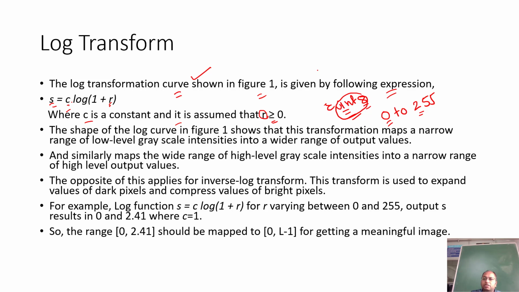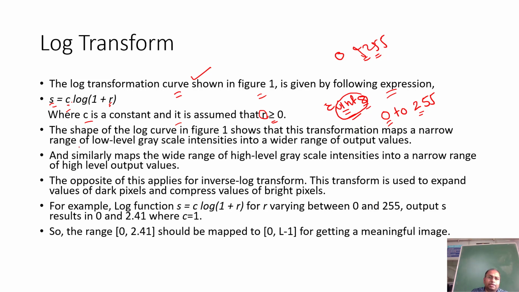So the pixel information will have values between 0 and 255. We'll check it with the help of one example, and we'll discuss how to perform the log transformation by means of Octave programming.